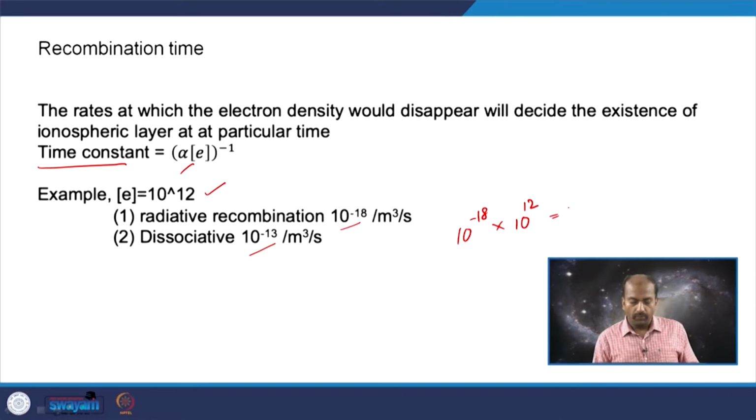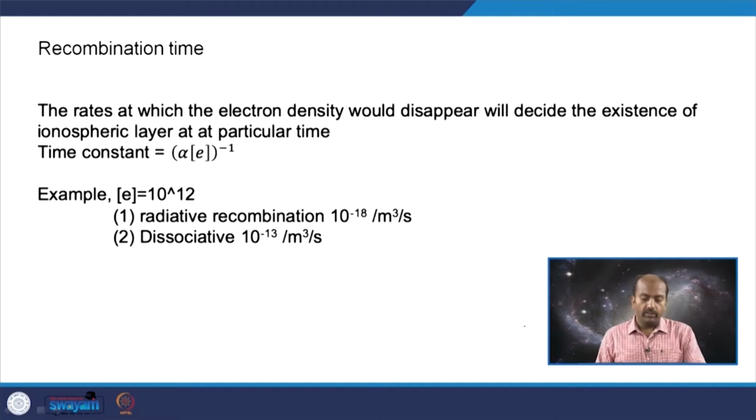If you take the radiative recombination process to be alone responsible for the loss of electron density in the ionosphere, the approximate amount of time it will take has also been calculated. This is of the order of several hours, and this is of the order of a few seconds.